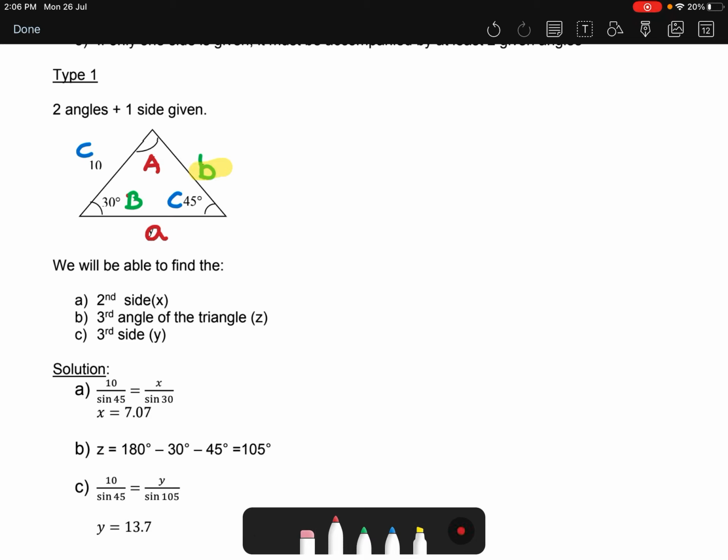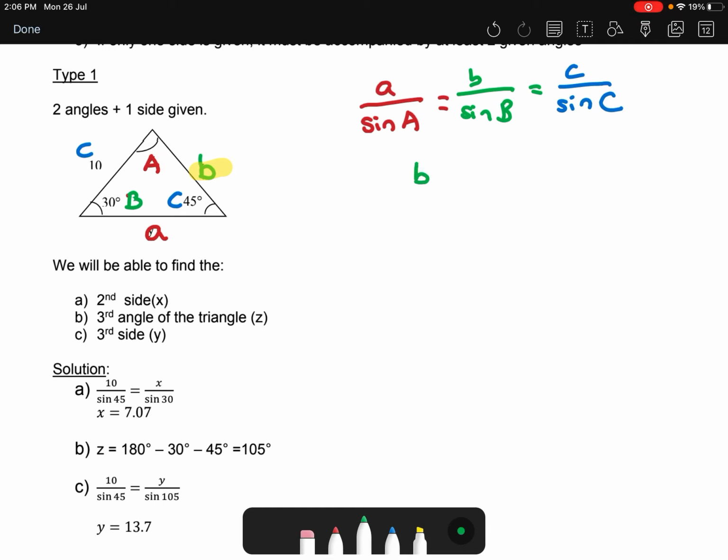Okay, so if you still remember our sine rule, we should use a over sine A equal to b over sine B equal to c over sine C. So since I only have angle B and angle C and side c, and I want to find our side b, we should use this b.